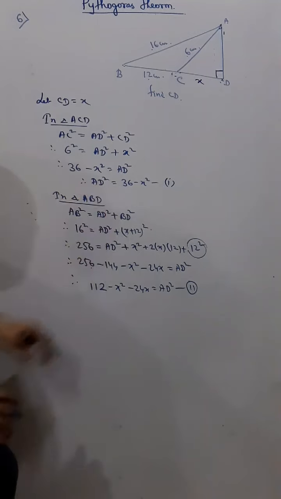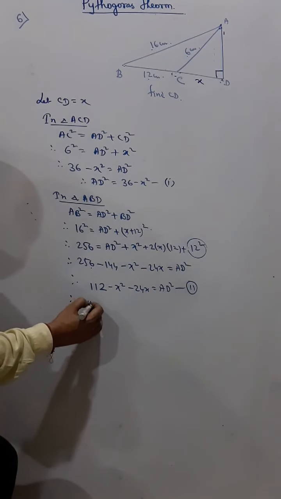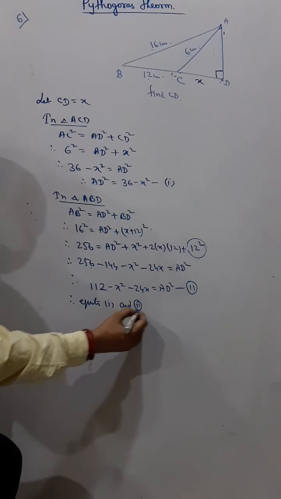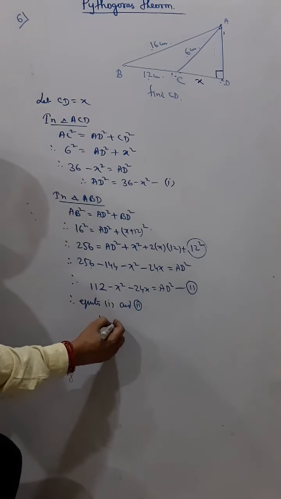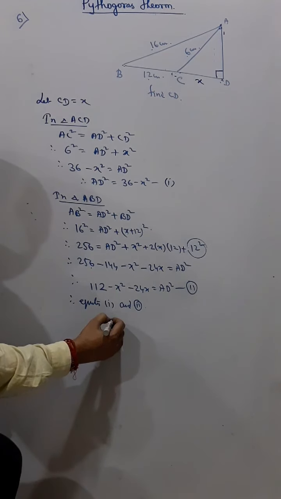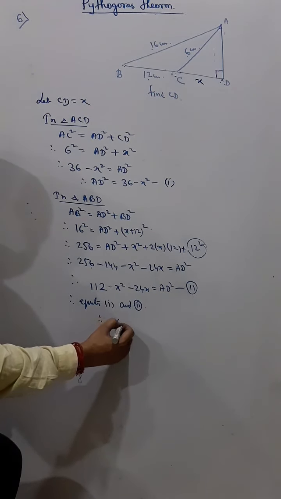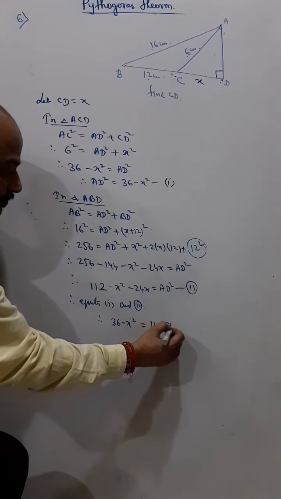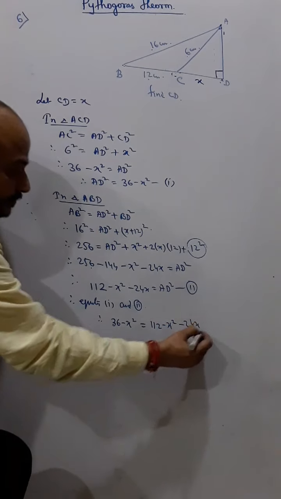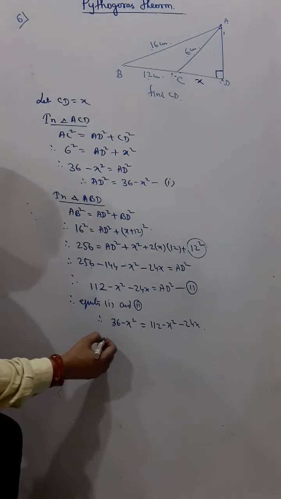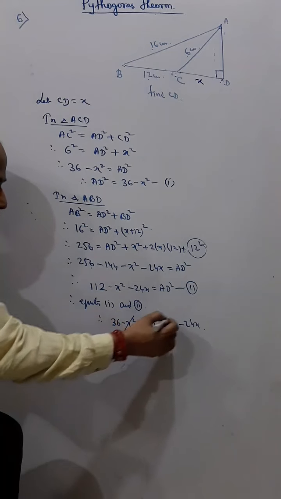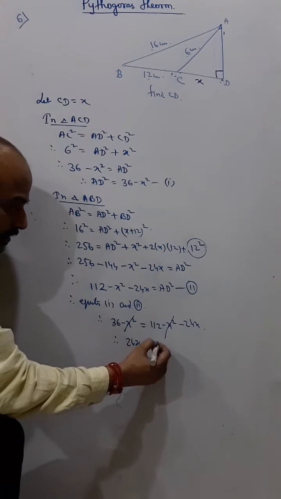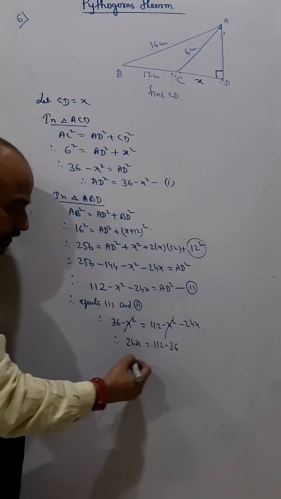So we can equate these two, and therefore now we can say, equating 1 and 2, 36 minus x square is equal to 112 minus x square minus 24x, and in fact this x square and this x square will get cancelled. We got 24x is equal to 112 minus 36.